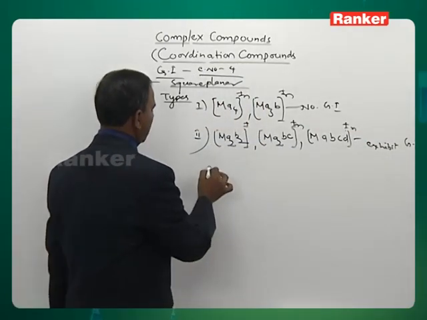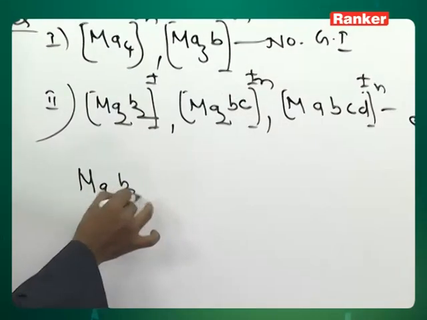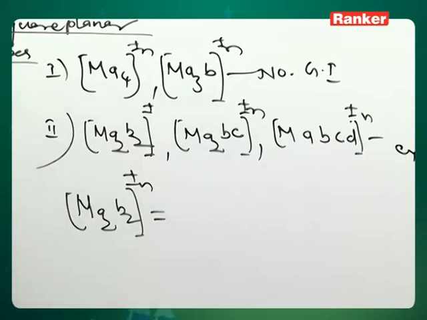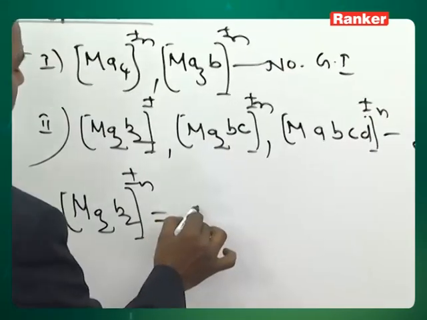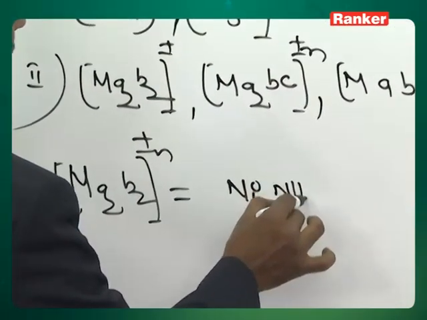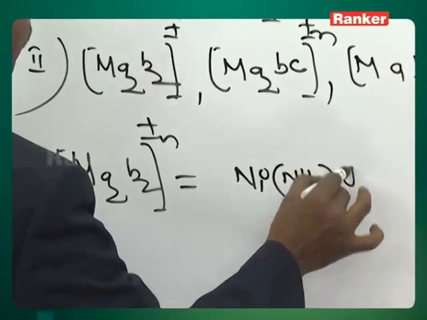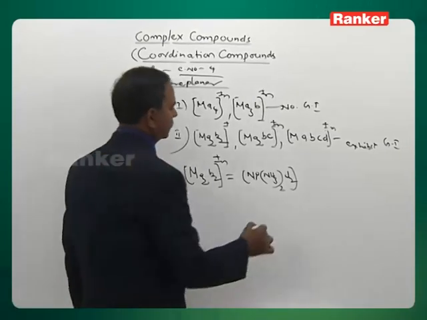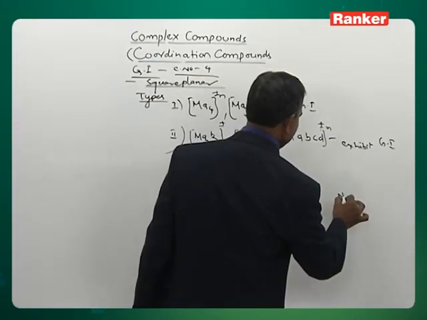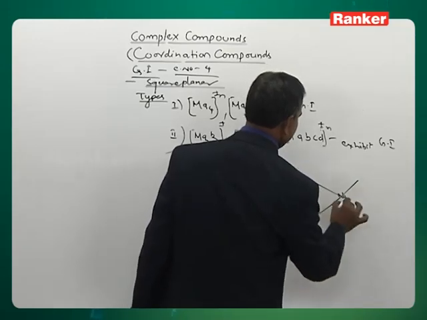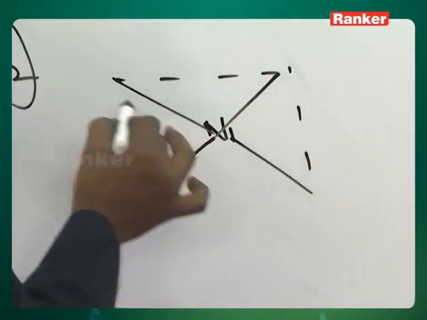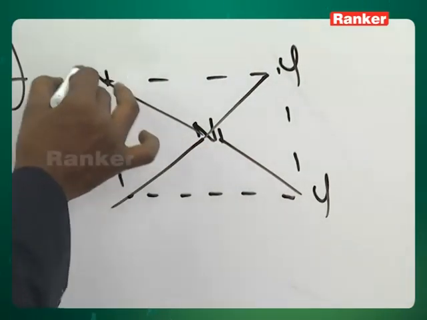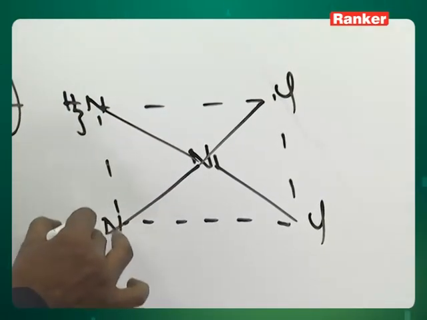Take the first one, the MA2B2 type. Take a real example, nickel diamine dichloride. You can easily write cis and trans. It's not difficult here. Take nickel in a square planar geometry, with Cl and Cl, NH3 and NH3.